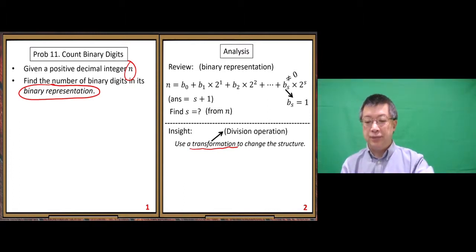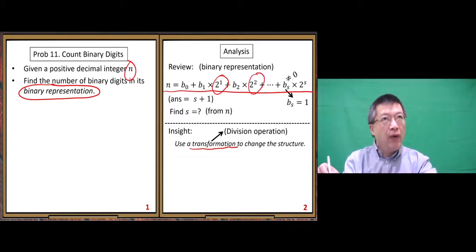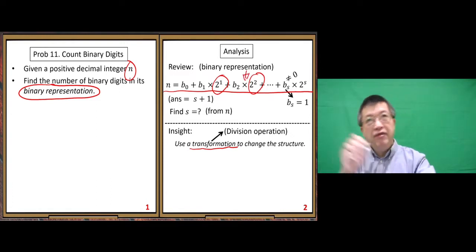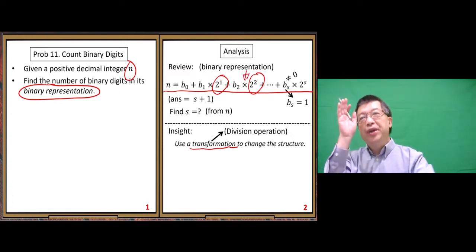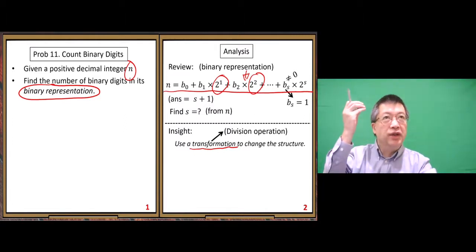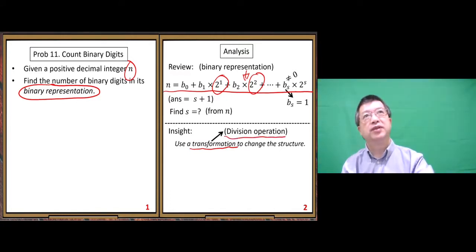From the structure here, you can see base 2, power of 2, a lot of multiplication. Here you can see when we do division, we can change its structure. So the division operation. Let's take a look at the division operation.